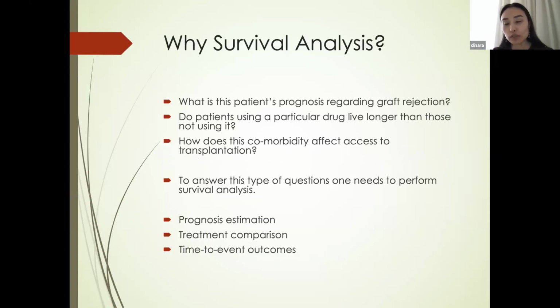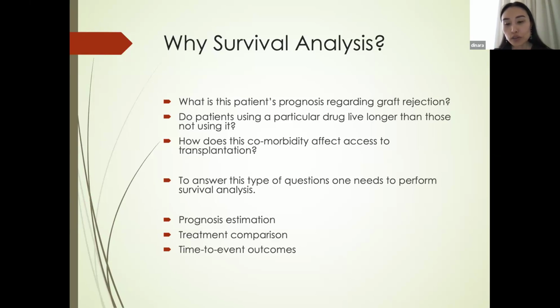So there are different research questions. For example, the prognosis of graft rejection, patients taking different drugs, what is survival probability? How does comorbidity affect the access to transplantation? So all those sort of questions require the analysis of survival probability.